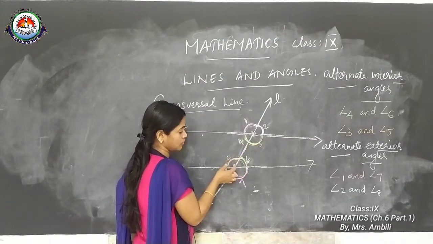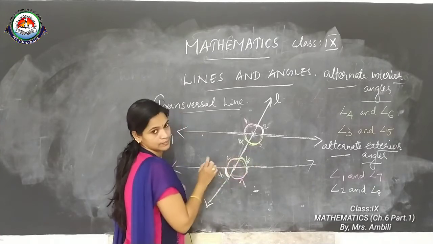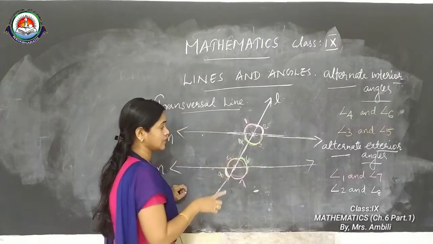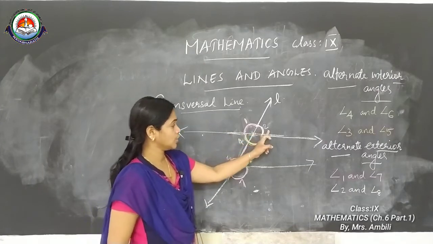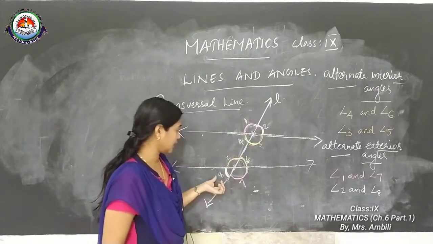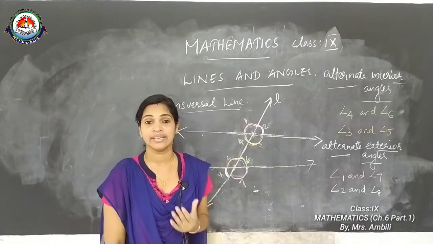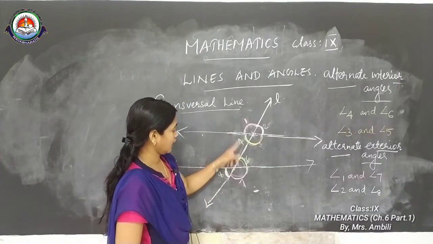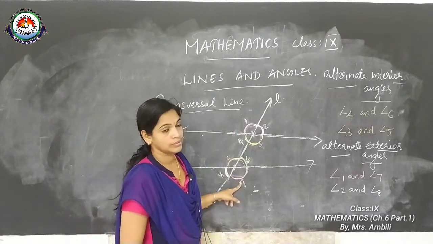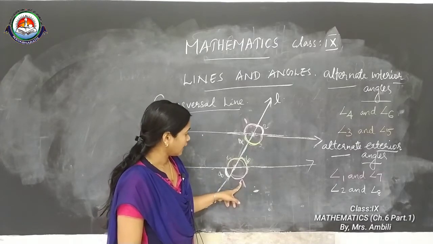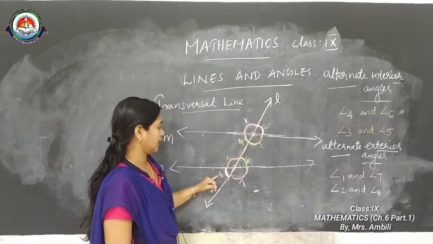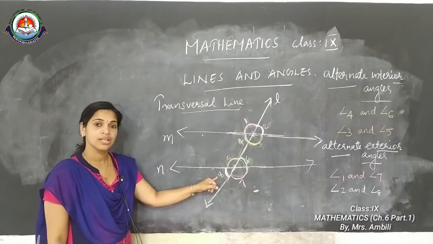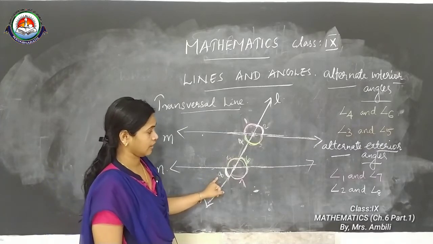Then angle 1, angle 2, angle 7 and angle 8 are the exterior angles. So in that, angle 1 and angle 7 are alternate exterior angles and the next pair, angle 2 and angle 8, are the alternate exterior angles.